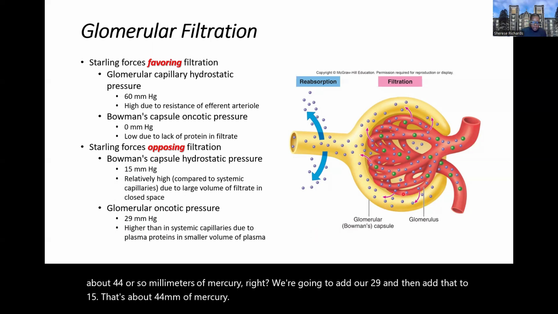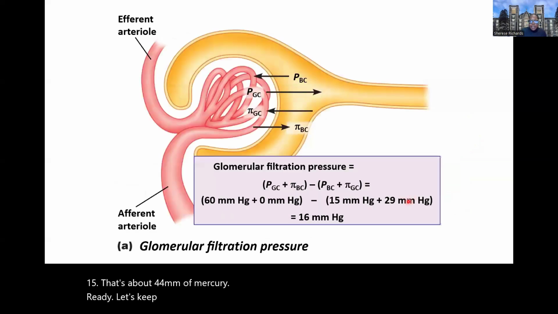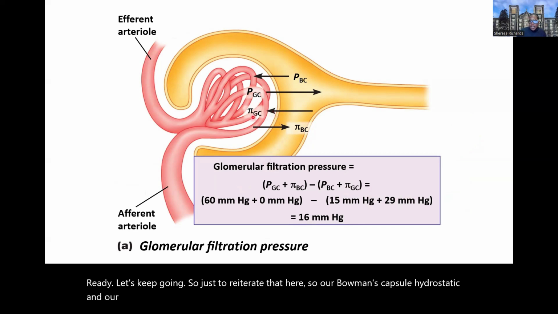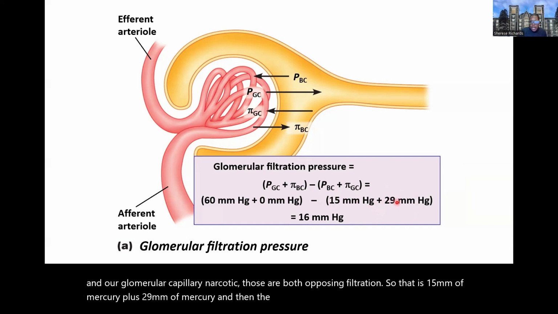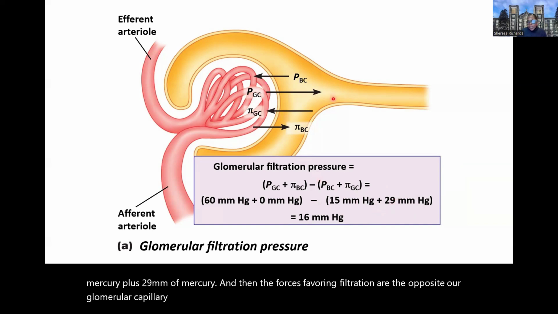Let's keep going. So just to reiterate that here, our Bowman's capsule hydrostatic and our glomerular capillary oncotic, those are both opposing filtration. So that is 15 millimeters of mercury plus 29 millimeters of mercury. And then the forces favoring filtration are the opposite. Our glomerular capillary hydrostatic going in that direction, and our Bowman's capsule oncotic going in that direction as well.